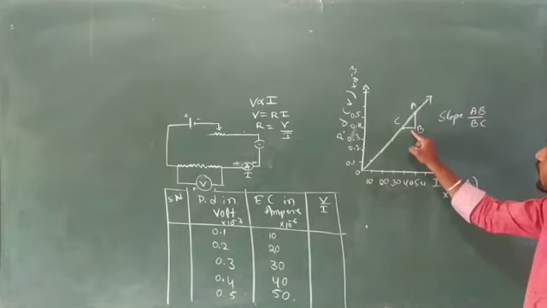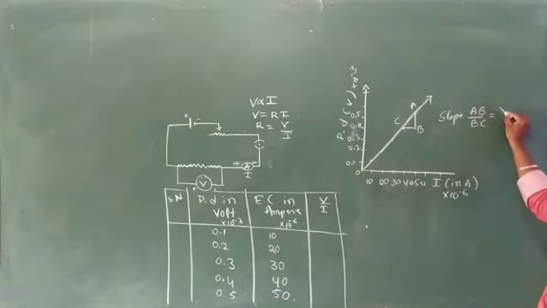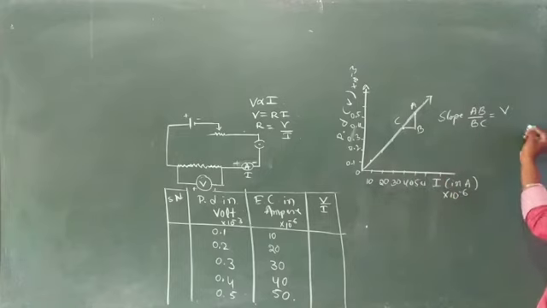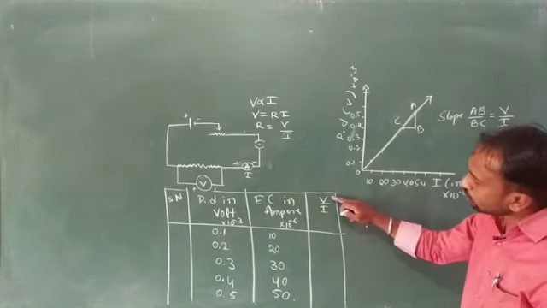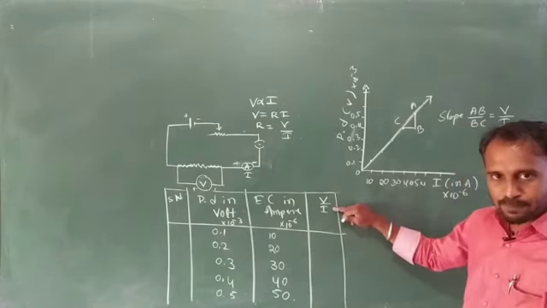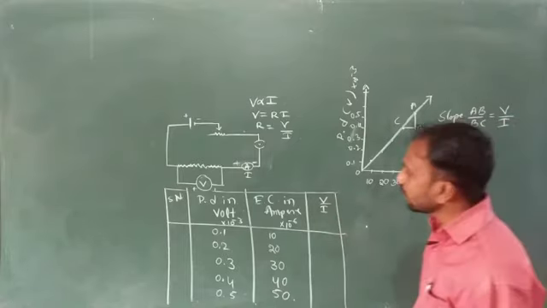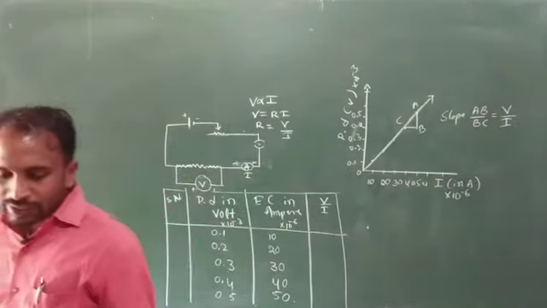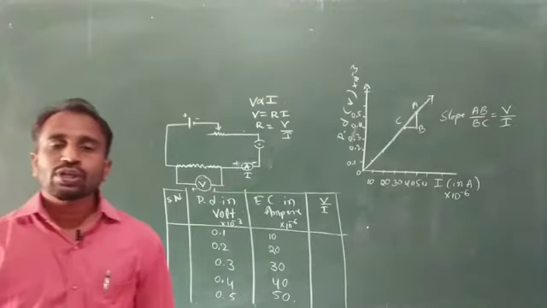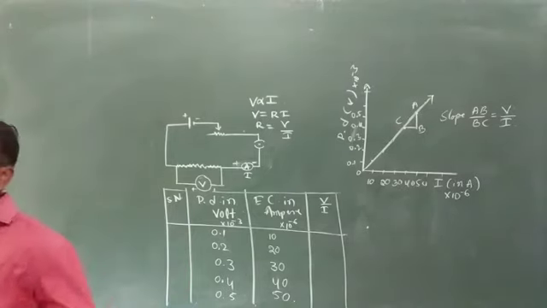AB is the potential difference V, and BC is the electric current I. Then we also consider a last column, V divided by I. So whenever electric current increases, the corresponding potential difference increases as well.